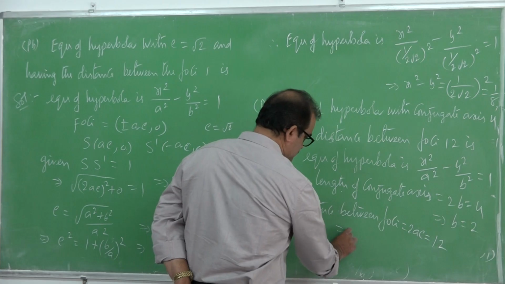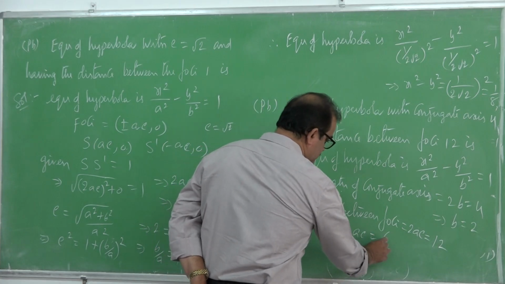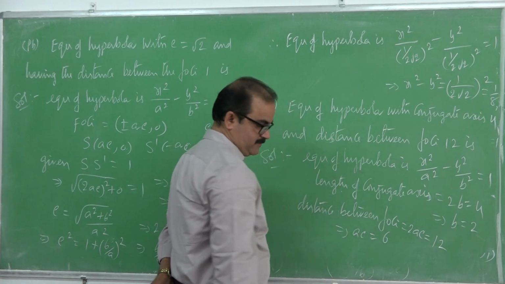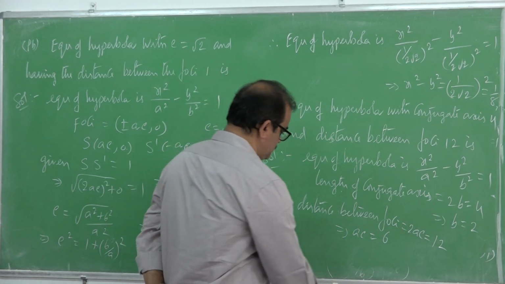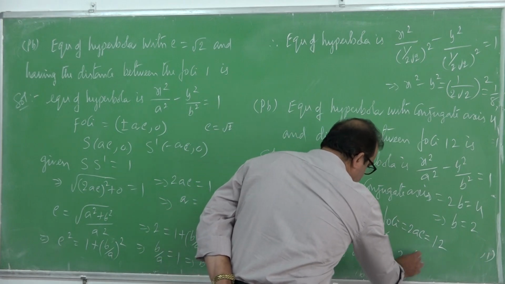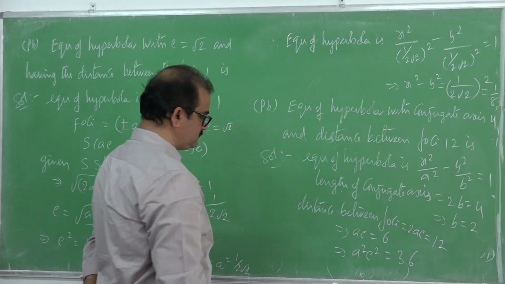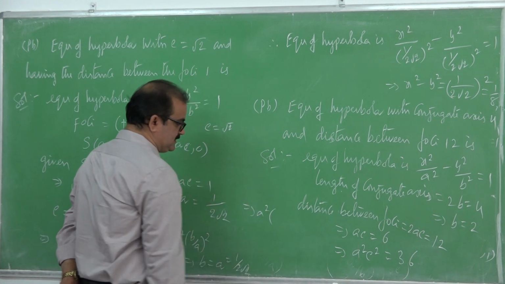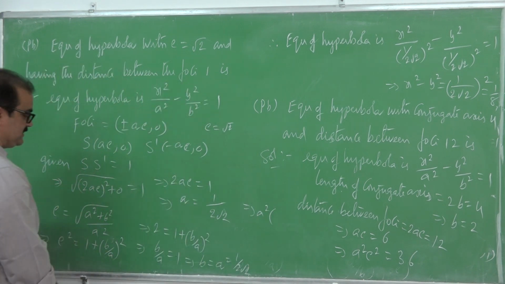From this ae is equal to 6. Now find a value from this. Squaring on both sides, a square e square is equal to 36. That implies a square into e square. What is eccentricity e?